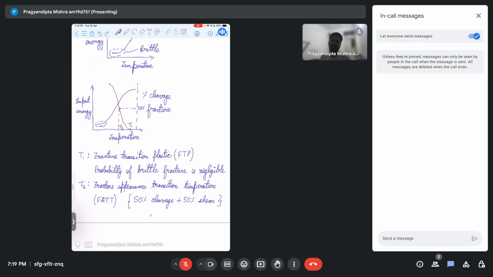So this is T5. So these are the 5 temperature values which are very, very important in temperature versus impact energy curves. So these 5 temperatures are something that people usually look for.